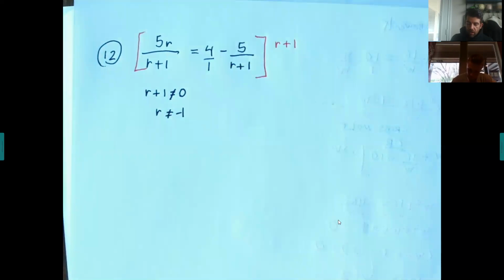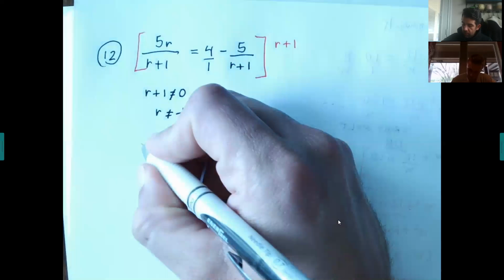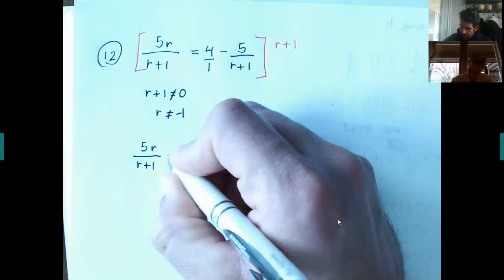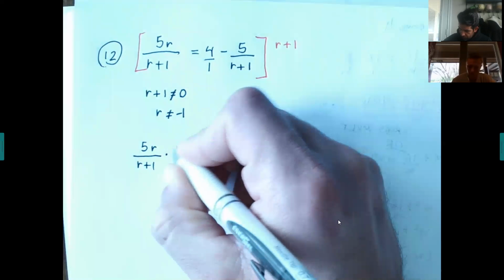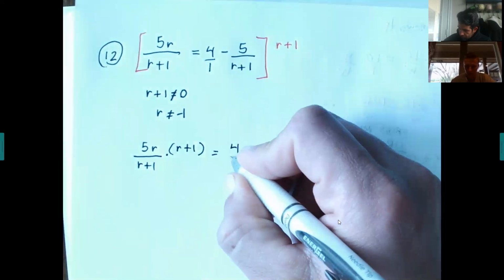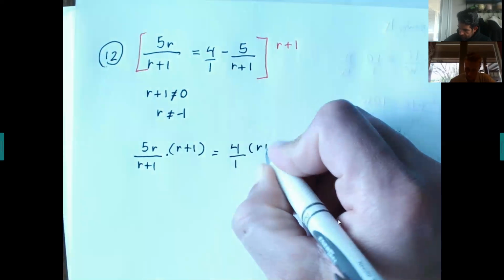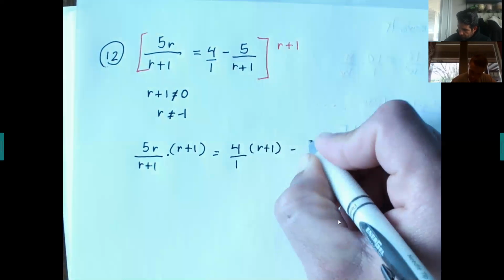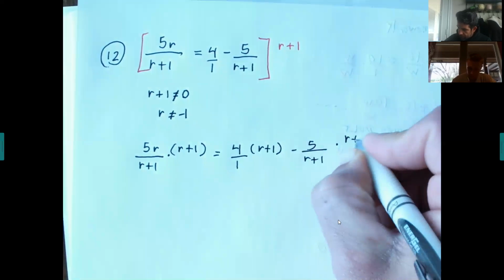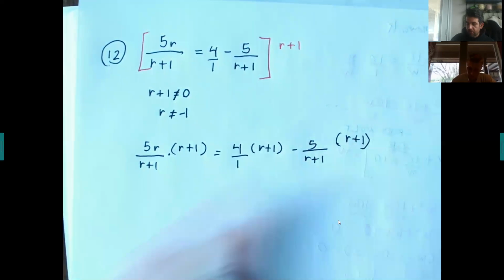Okay? So now I'm going to write it out just like I did before, just to make sure that we understand. Remember, when you multiply like this, you are multiplying each one of these terms by r plus 1. And remember, the whole goal of doing this is that all of your denominators should be canceling out.